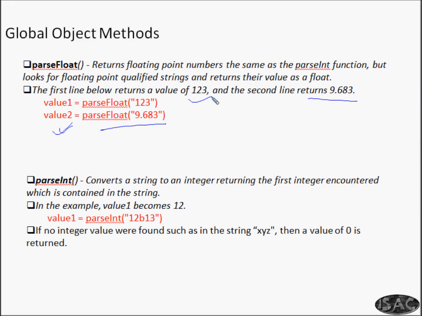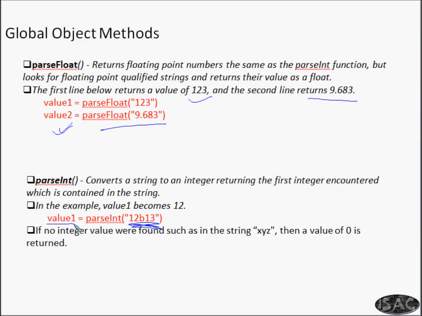parseInt, it is a string here, right? This will convert it to an integer and return it. It converts a string to an integer, returning the first integer in the content contained in the string. So it will start taking integer 1, 2. Oh, b is coming. b is not an integer, so leave it.